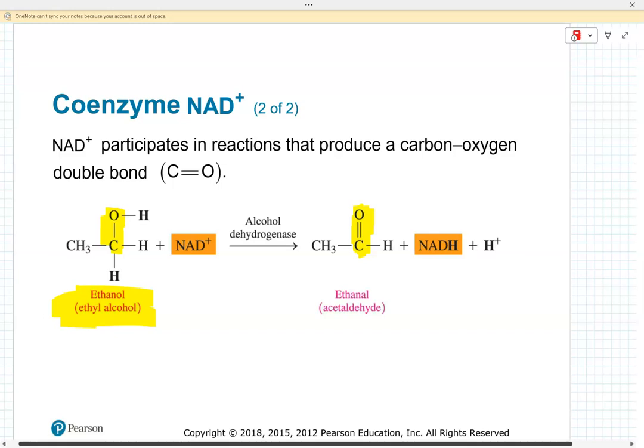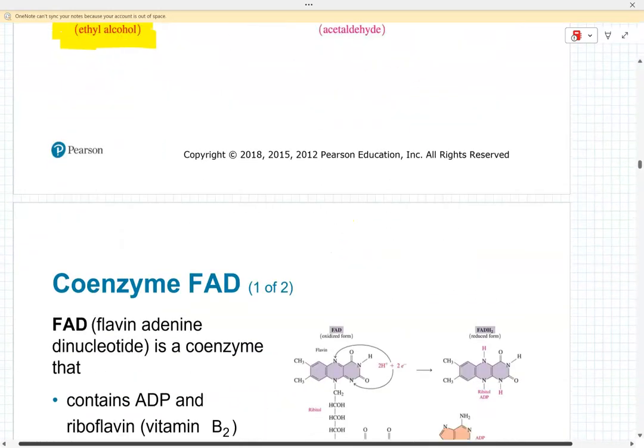So you increase the number of bonds to oxygen, which means you oxidize. Does that make sense? What you get is a reduced form, NADH, that carries electrons. Now what you see here, the alcohol dehydrogenase reaction, is the first reaction of alcohol metabolism. When you drink alcohol, this is what happens. Okay? Clear? So it generates some electrons. We're going to get back to this idea later.